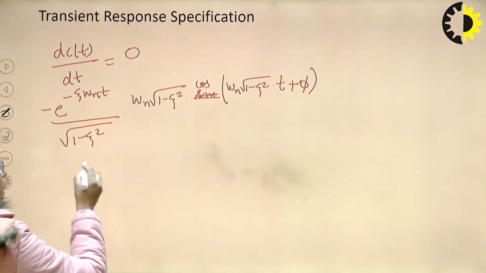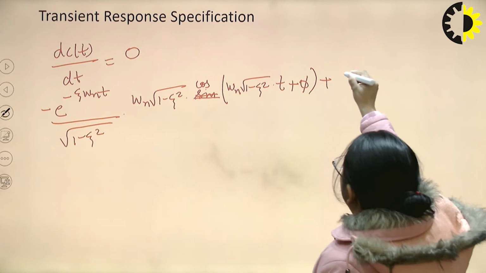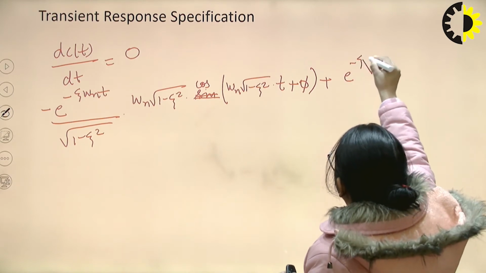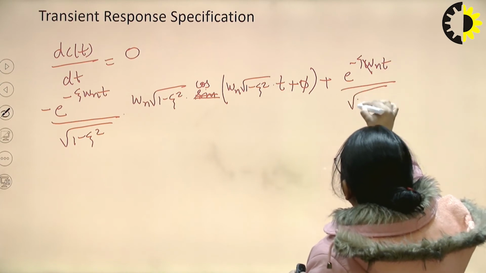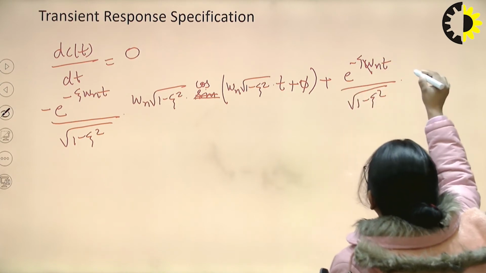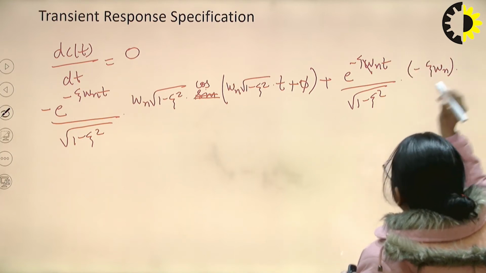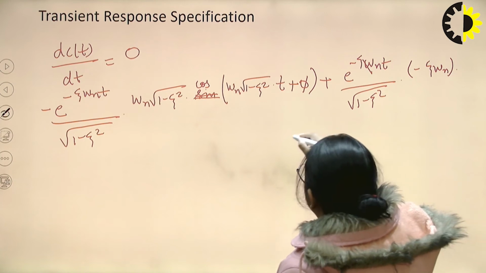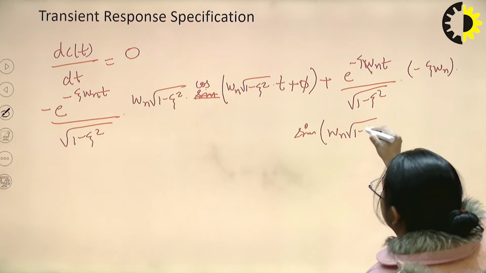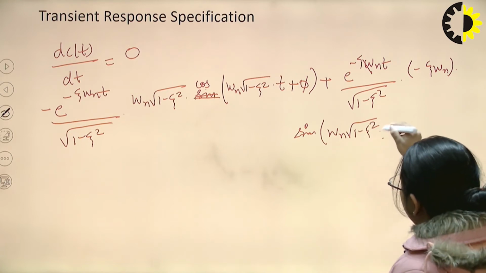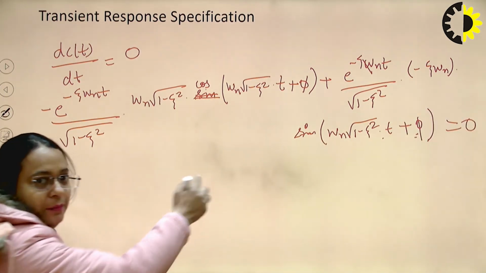plus e raised to the power minus zeta omega n t upon under root 1 minus zeta square into minus zeta omega n into sine of omega n under root 1 minus zeta square into t plus phi. So it becomes 0.